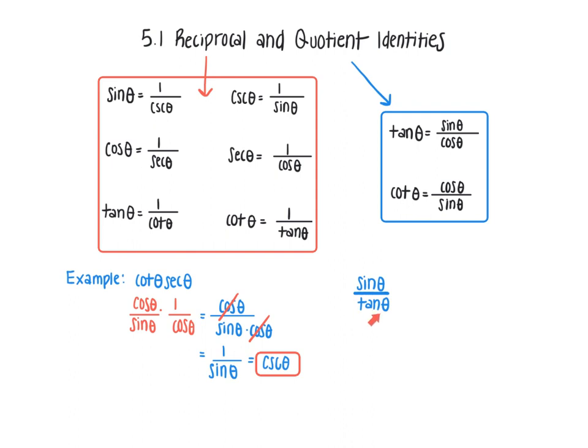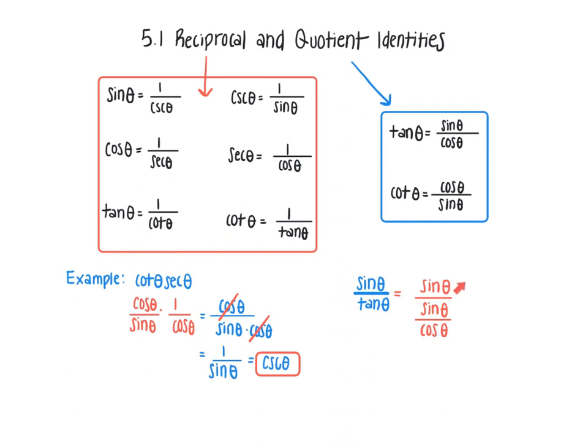So if I take a look at tangent, I know using my quotient identity that tangent is actually equal to sine over cosine. So I rewrote the problem. Again, the numerator didn't change because sine is something that we want, but I changed my denominator using my quotient identity, so now I have sine over cosine.